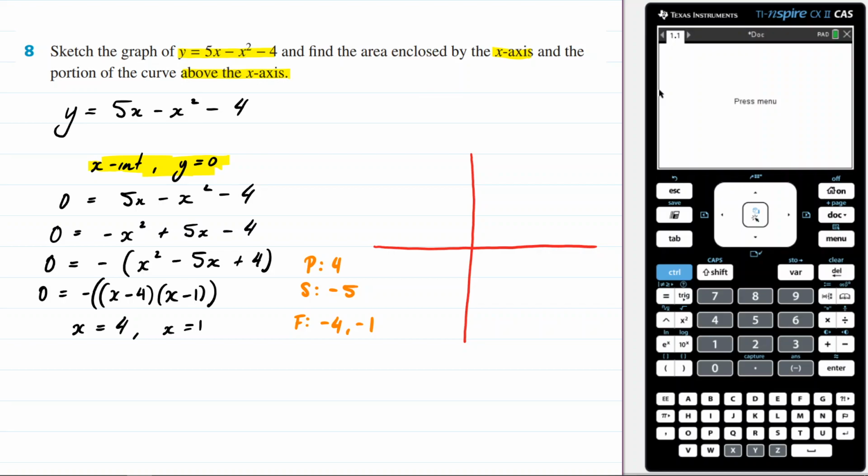I have 1 here, and I have 4 here, so 1 and 4. I also know that this is a quadratic, and the negative in front of it is telling me that it's reflected in the x-axis, right? So it's going to look something like this.